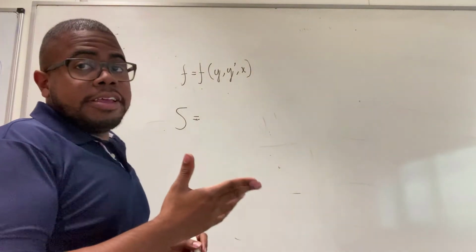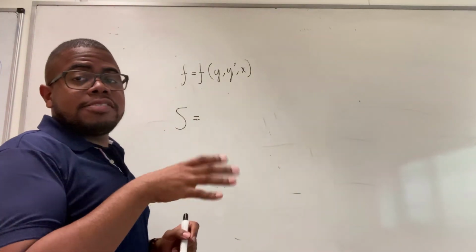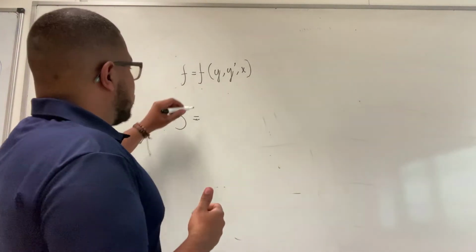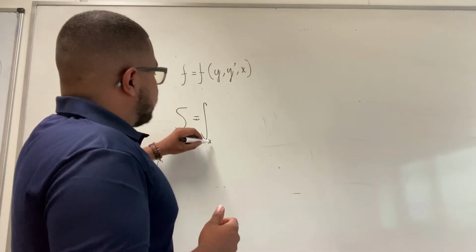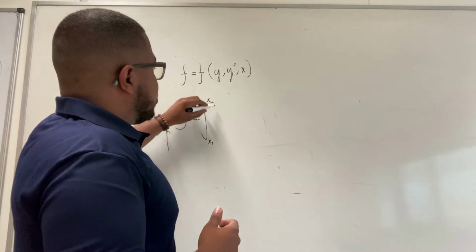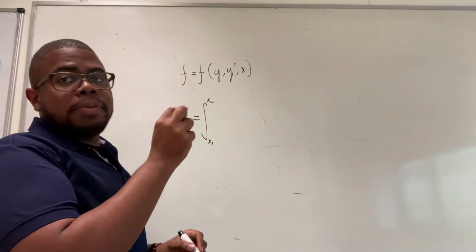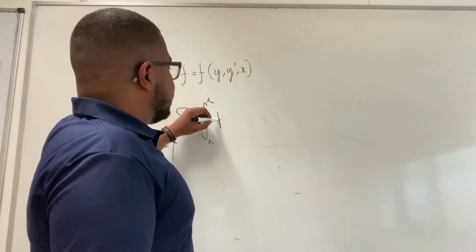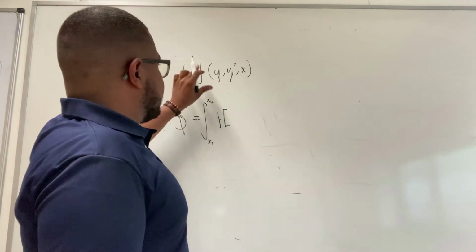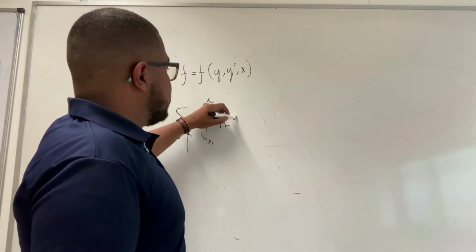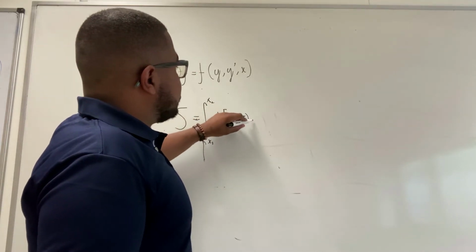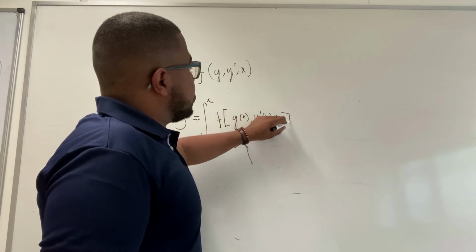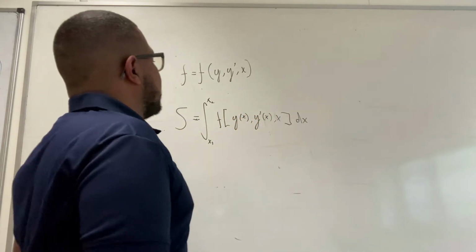Okay, if we're taking the integral of this thing with respect to dx, then we'd say that we want to take the integral from x1 to x2. So say we're going from point 1 to point 2, of the integrand, which in this case is this whole functional expression right here: F of y(x), y prime(x), and x, and of course the dx.